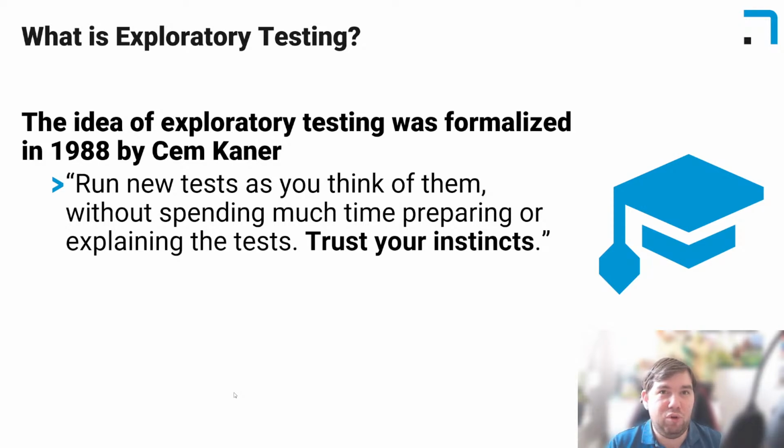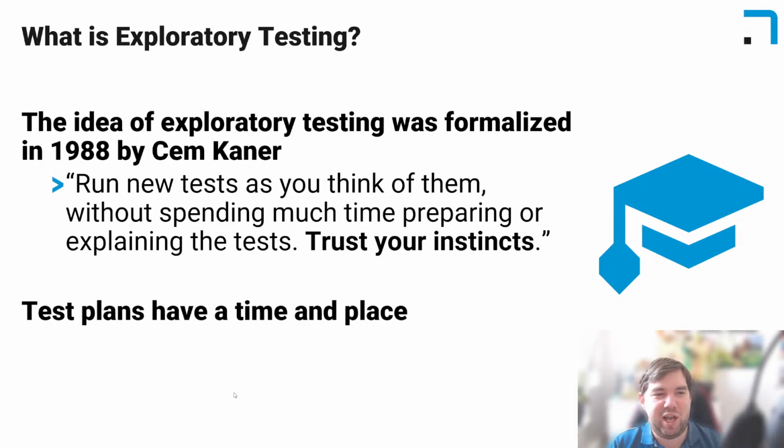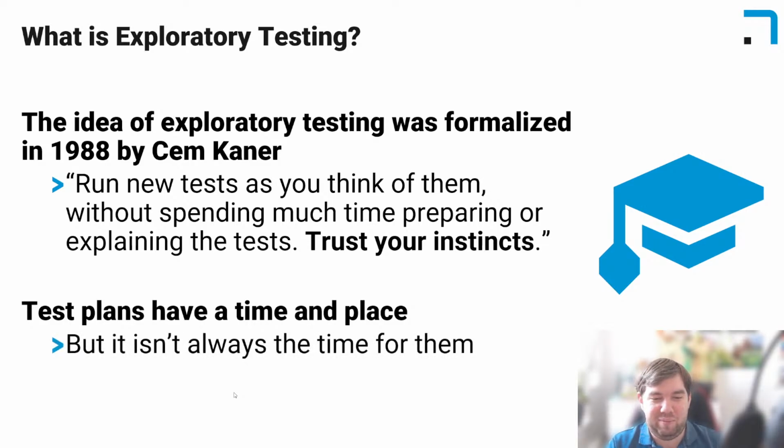Because in normal testing, of course, we follow test plans. And test plans do have a time and place. They have a time and place in which we can use them when we're sitting down, we're doing formal testing, we're really trying to find these defects in some sort of testing manner, finding edge cases a lot of times. So test plans do have a time and place, but it isn't always time for them.